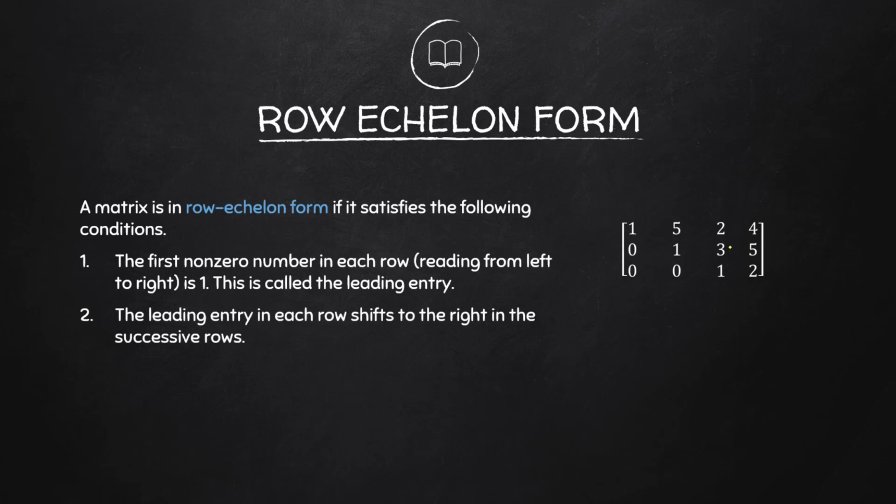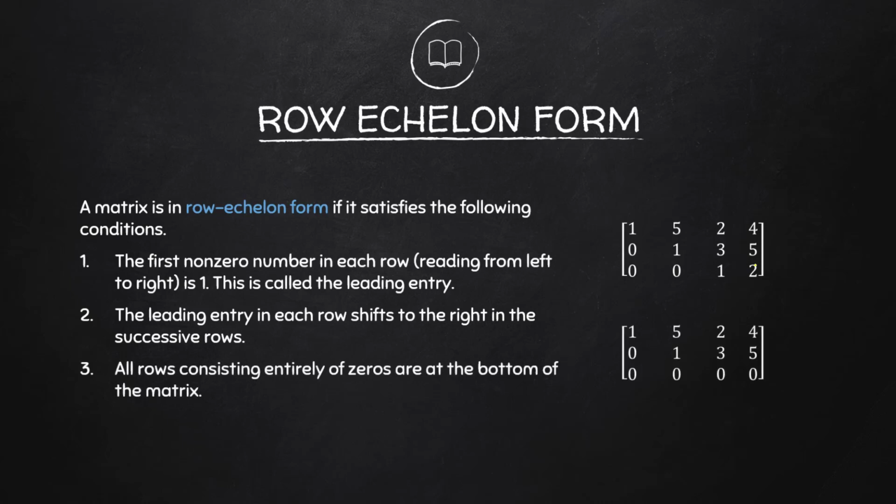The leading entries in each row shift to the right in the successive rows. So this is the leading entry. It shifts to the right, and then it further shifts to the right on the successive rows. The third condition is that all rows consisting entirely of zeros are at the bottom of the matrix. So this is the row echelon form.